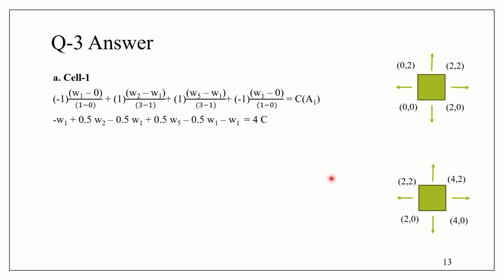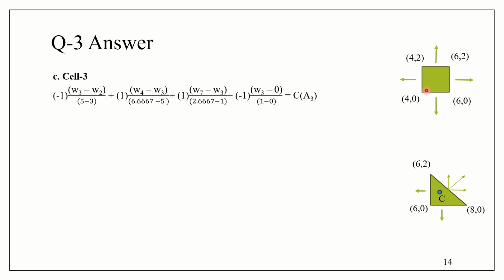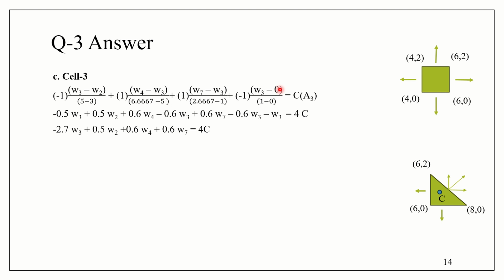So 2.67 minus 1, W7, the seventh cell, minus W3, and at the bottom edge we have W3 minus 0, stopping at the edge, by 1 minus 0, and it equals C into A3, and A3 is again 2 cross 2 because that is the area of the cell. Now simplifying, we get this equation.